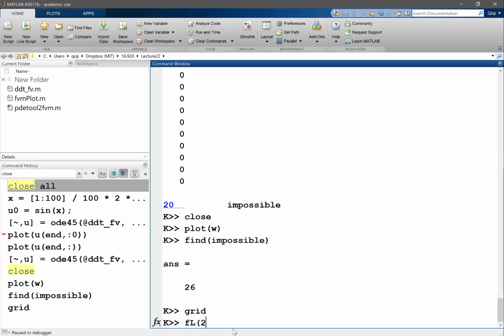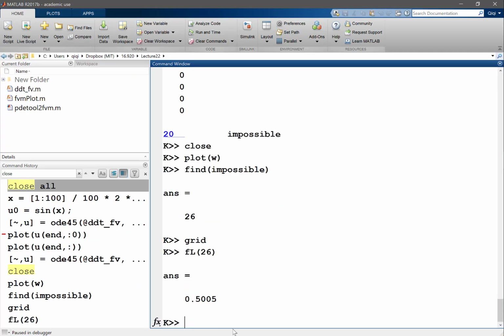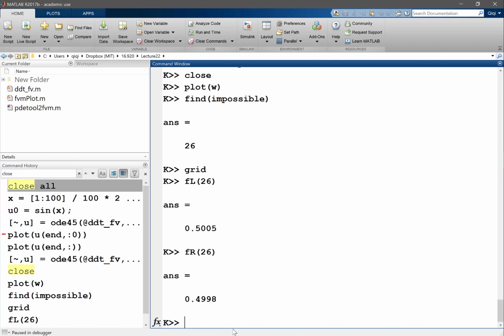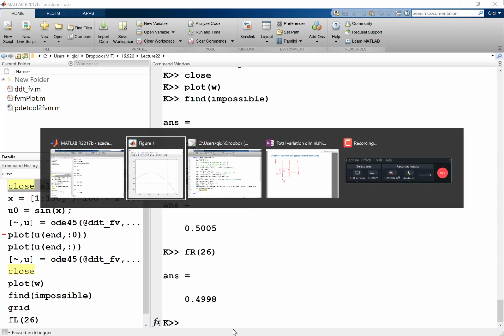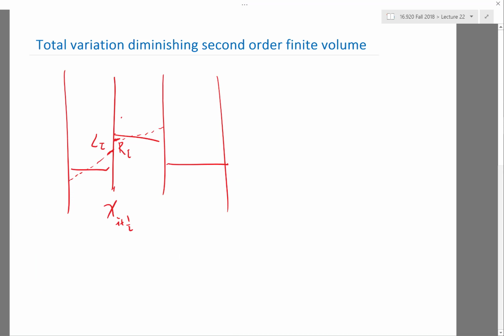FL at 26 is 0.5005, and FR is actually a little bit lower, right? So that's the reason why the cell average is still increasing over here. Okay, so now the next question is, why is the flux on the left higher than the flux on the right? So in order to answer that question, we need to know, let's say this is the problematic cell, for example.